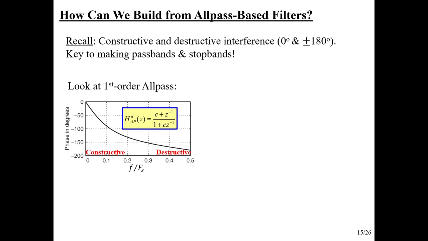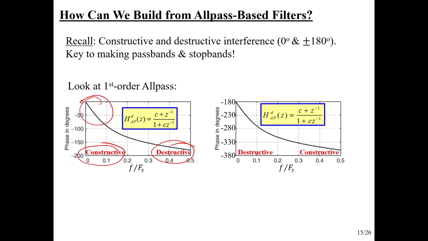And here we're plotting it F in hertz normalized by Fs. So in F alone, that's at the point Fs over 2. And we can see, as we saw before, that this goes from 0 to minus 180 degrees, as we would expect. So in this region down here, we're close to 0 degrees, so that's the constructive interference region. And here we're close to minus 180, so that's the destructive interference case.